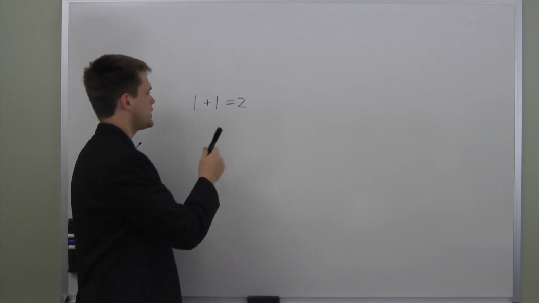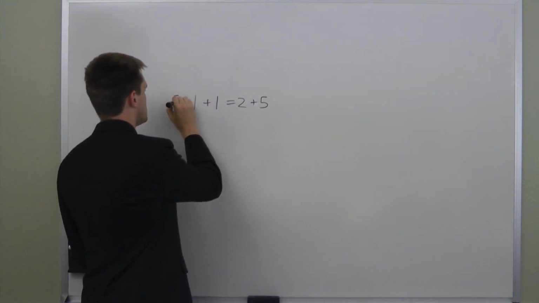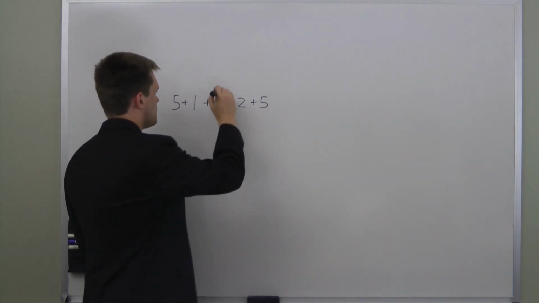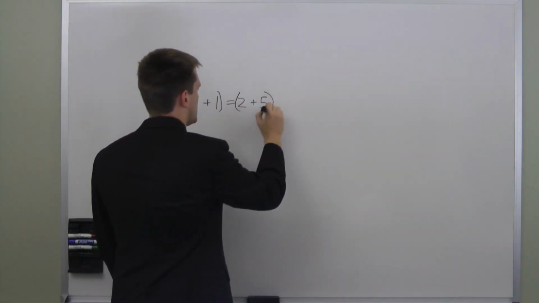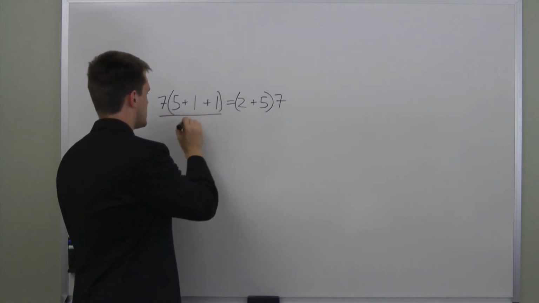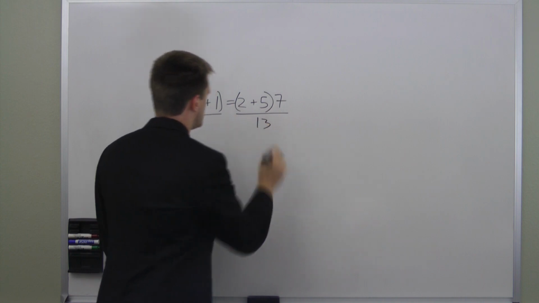So for instance, we can add 5 to both sides of this equation, and the equation is still true. We can multiply both sides of the equation by 7, and the equation is still true. We can divide both sides of the equation by 13, and this equation is still true.